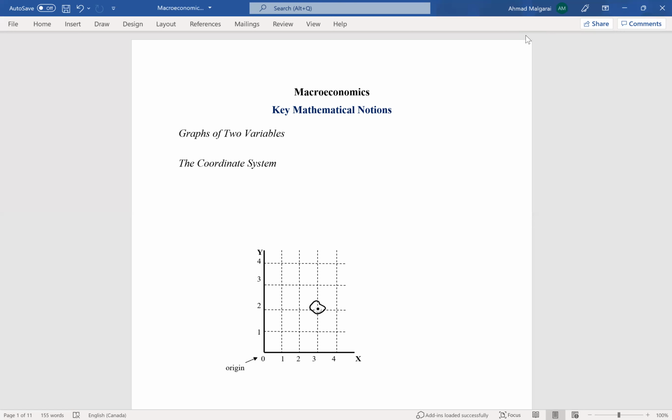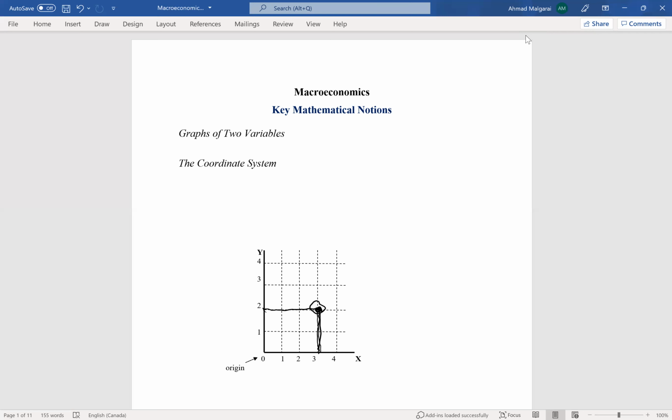The first number in the ordered pair is the x coordinate and tells us the horizontal location of this point. The second number in the ordered pair is the y coordinate, and it tells us the vertical location of the point.